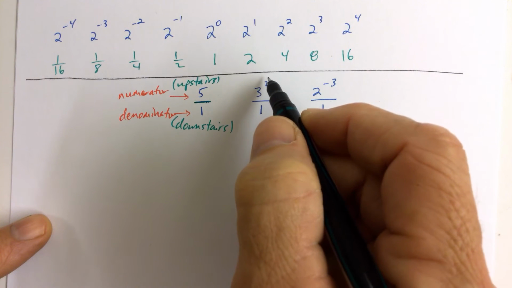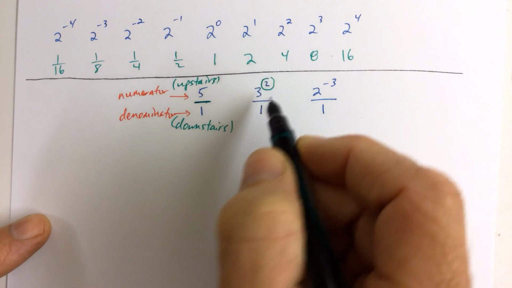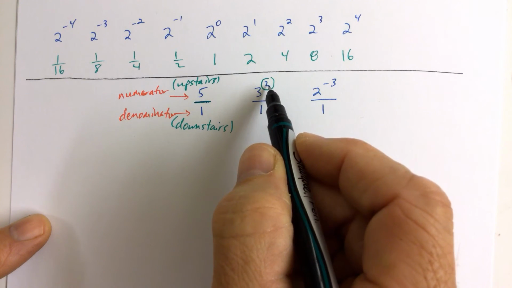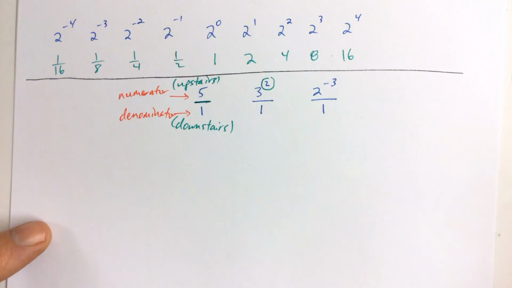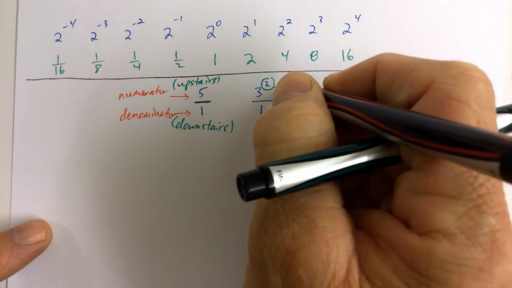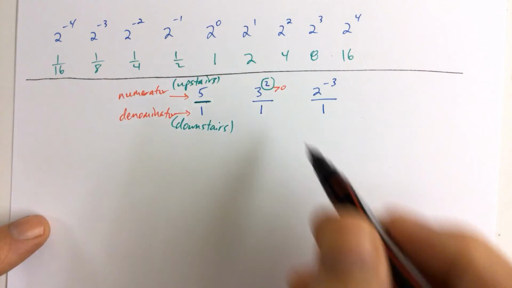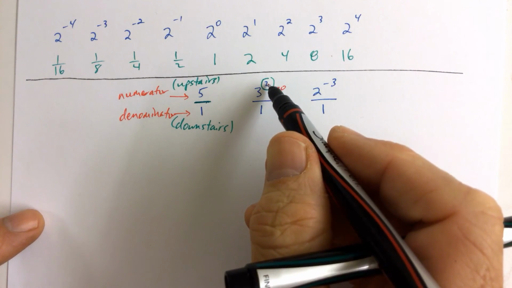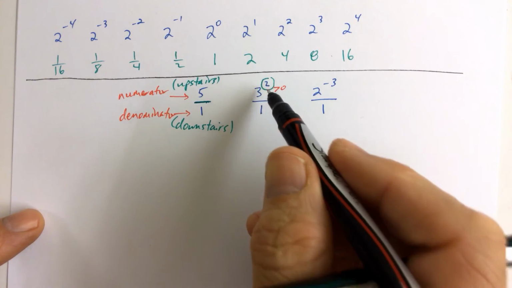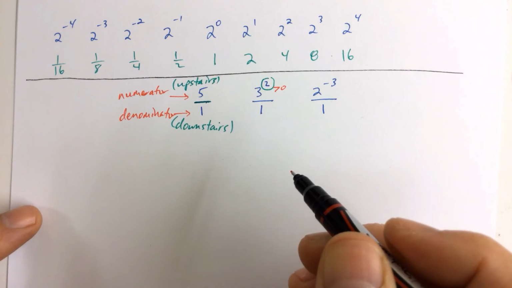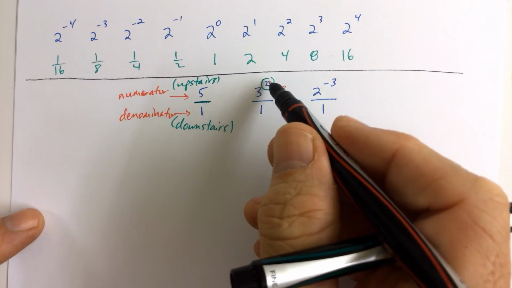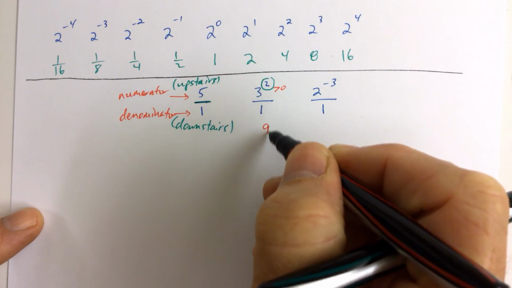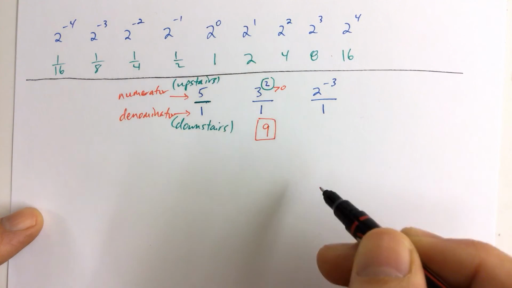But when you have an exponent in the upstairs, so 3 is being raised to the 2nd power, and we know that the power of 2 is a positive number. So when the power of 2 is a positive number, you leave it alone. If you have a positive exponent upstairs, you leave it upstairs. So 3 squared over 1 is just 9 over 1, or just 9. So that expression has a value of 9.